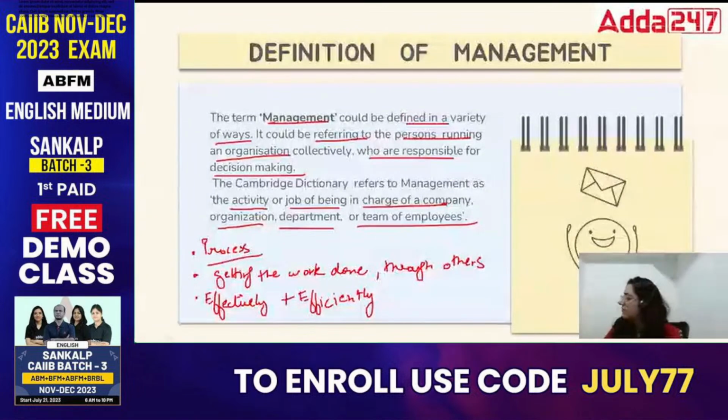Controlling properly, effective to get the desired results. Okay, let me give you a few basic ways of learning it. Directing is one of the functions of management, sir. When we talk about the word effective, this T is for timely completion of targets.